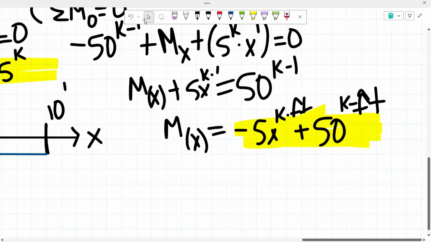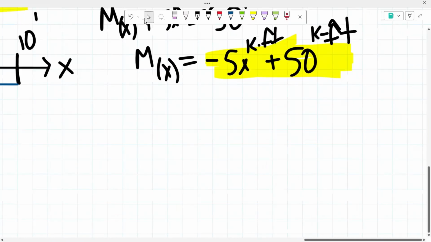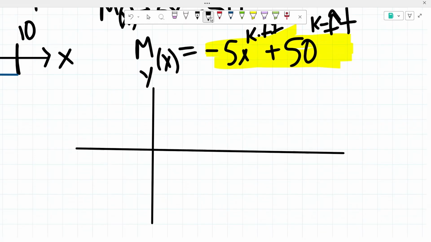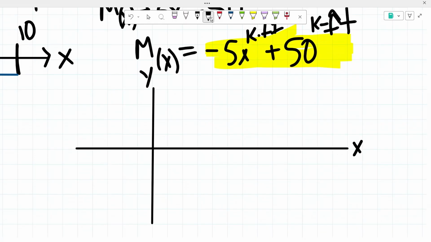Now, if we were to draw our moment diagram, we have our y-axis right here, x-axis right here. We know that our beam is 10 feet long, and this is our moment on that y-axis.